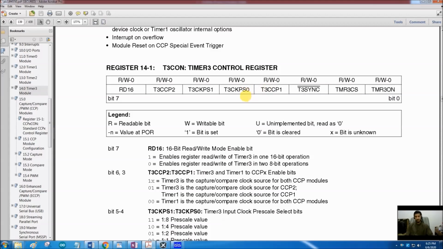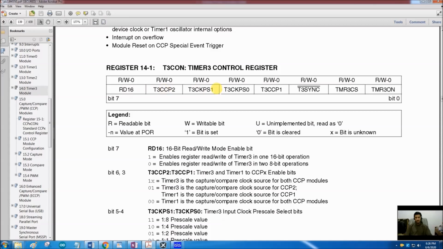So let's see what we want to move in the whole T3CON register. RD16 should be 1 to enable 16-bit operation. Then T3CCP2 should be equal to 0, since Timer 3 is going to be used for CCP2, which is generating a waveform. So let's use a prescaler of 8. Let's set both of these bits as 1, and then T3CCP1 should also be equal to 1 to select this mode.